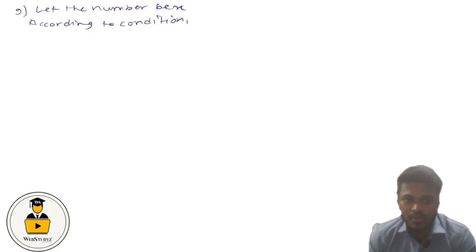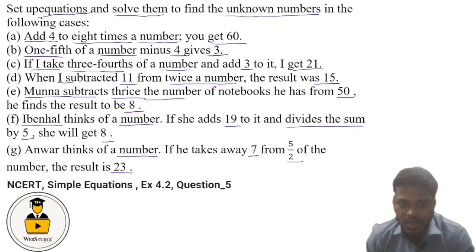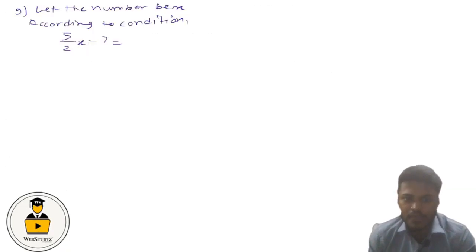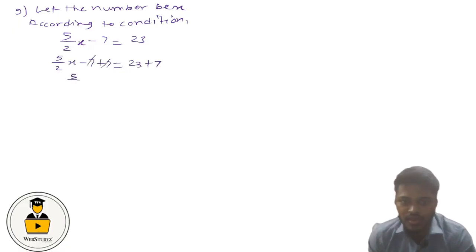So 5 upon 2 of the number will be 5 upon 2 times x, and he takes away 7 from it to get the result as 23. So this is equal to 23. So the first thing that we will do here is we will add 7 on both the sides of this equation. So 5 upon 2x minus 7 plus 7 equals 23 plus 7. So plus 7 minus 7 will get cancelled. So we get 5 upon 2 x equals 23 plus 7, which is 30.